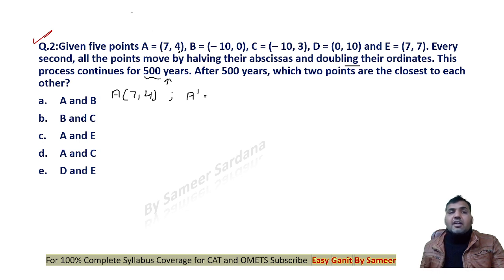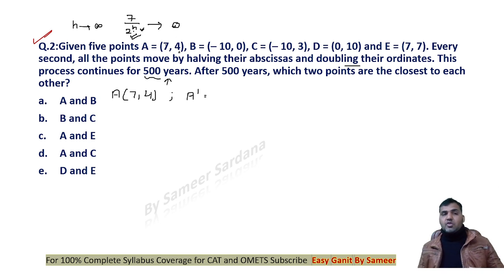So after dividing the value of 7 by 2 n times, let's say n is the number of seconds in 500 years, and we know that n is a very large number, 7 by 2 raised to the power n will tend to 0, because the value in the denominator will keep on increasing with n. N tends to infinity here. That means you have a very large value in the denominator, so overall the number will tend to 0.